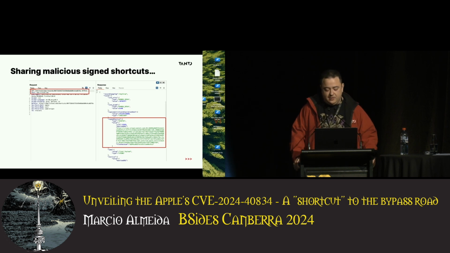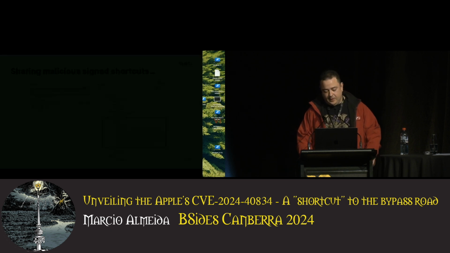If they install and run it, this is pretty much game over. And the cool thing is that this payload bypasses Gatekeeper, and the only thing they're going to see, since the shortcut is signed by Apple, is the privacy consent prompt for them to click OK, and once they click OK once, you can get access to the machine.